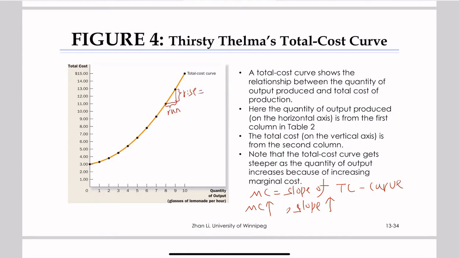And rise obviously equals the change in the total cost, and run obviously equals the change in the quantity. So the definition is rise divided by run, which gives you the curve's slope, and this should be the same as the change in the total cost divided by the change in the quantity, which gives you the marginal cost. So marginal cost equals the slope of the curve.